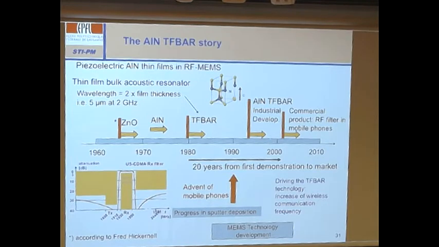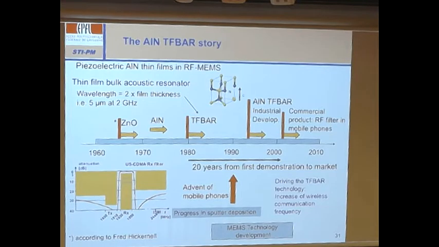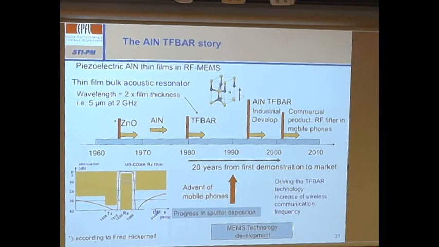Also nobody was interested in making filters at 2 gigahertz. Thin films cannot make filters at TV frequencies. TV goes up to 400 megahertz. If you would make a film for 400 megahertz, it would be so thick, I think it would jump away from the substrate on its own.